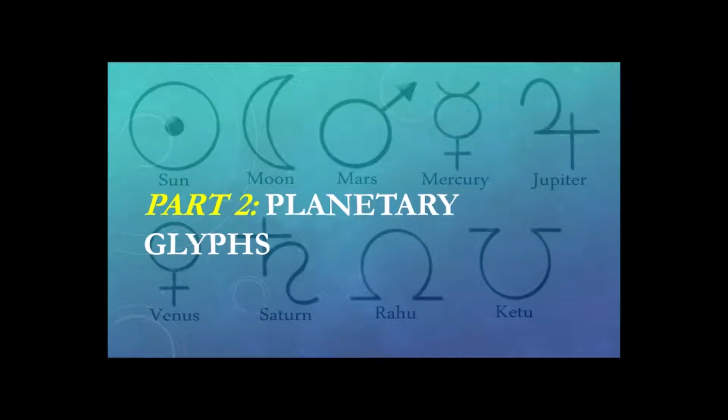And it's also going to cover a couple of other symbols for things that aren't legally planets, but that are commonly found in the default view of an astrological chart, as you would find on Astrology, for example.